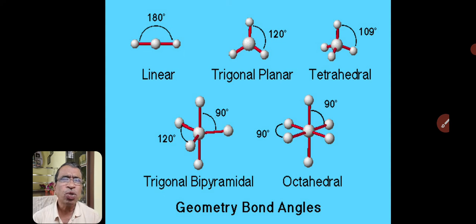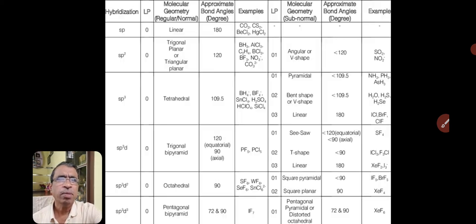This slide shows the shapes of various molecules and the geometries. This slide shows examples of hybridization, lone pairs of electrons, regular geometry, as well as the bond angles.